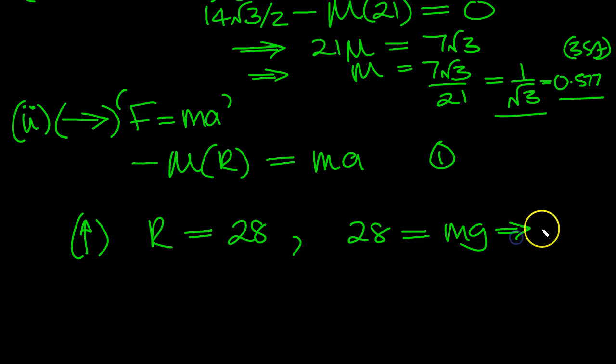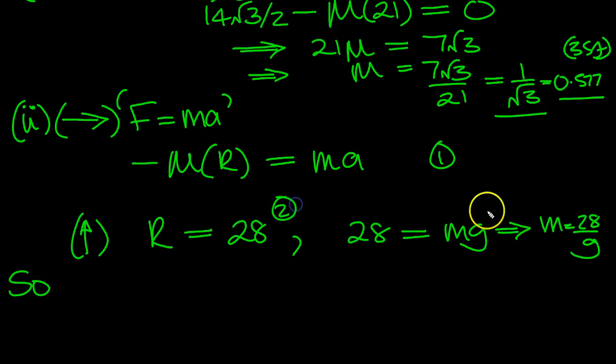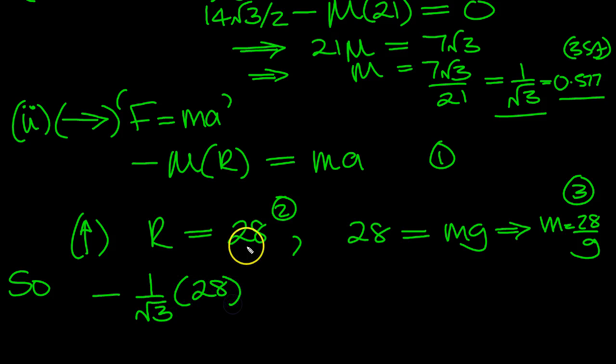So it tells us that m is equal to 28 over g. So minus 1 over root 3 times R, which is 28, equals the mass, 28 over g, times the acceleration.